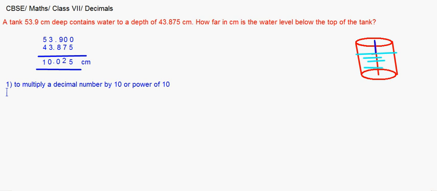That means if I am multiplying a decimal number, suppose 45.25, I'll multiply that with 10.